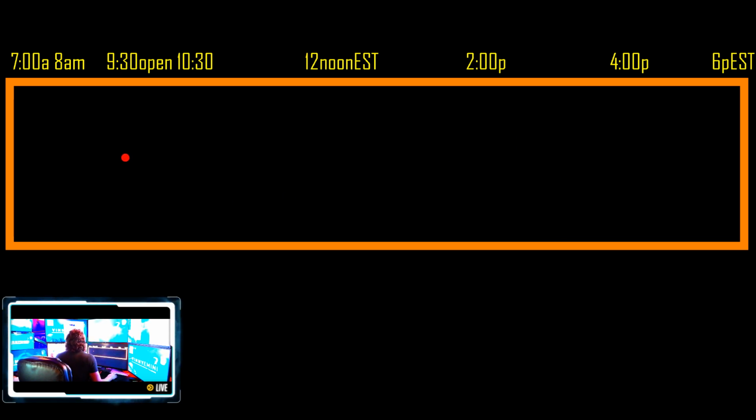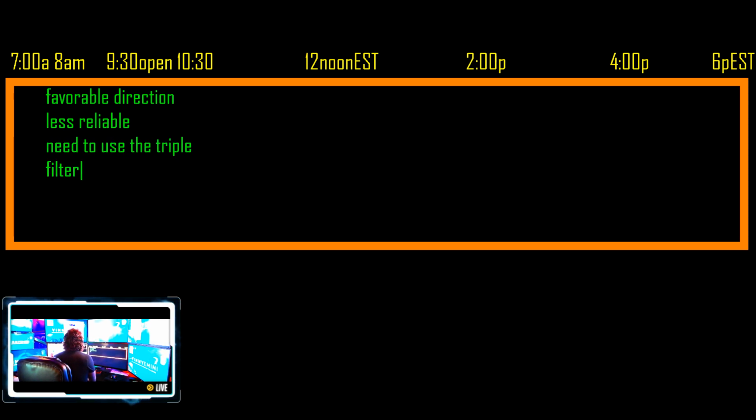However, in the mornings, the favorable direction is less reliable. Okay, it's a lot trickier here in the morning session. Favorable direction, less reliable. Need to use the triple filter / algo matrix to determine bias.